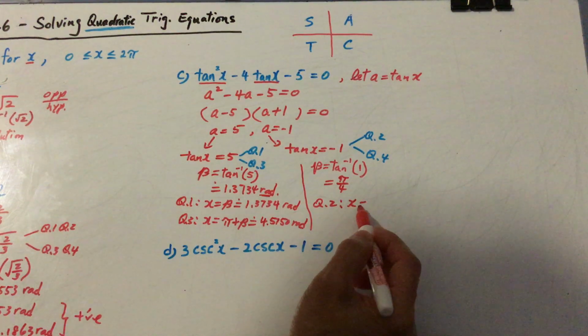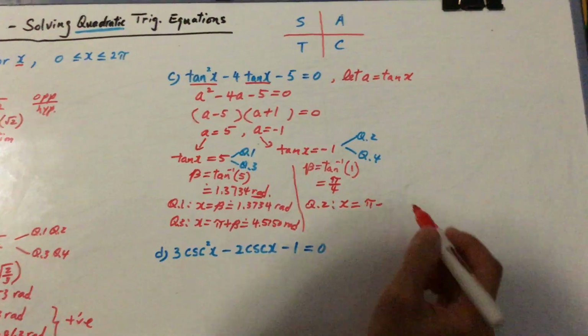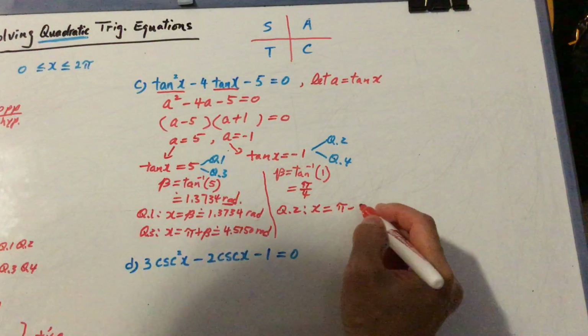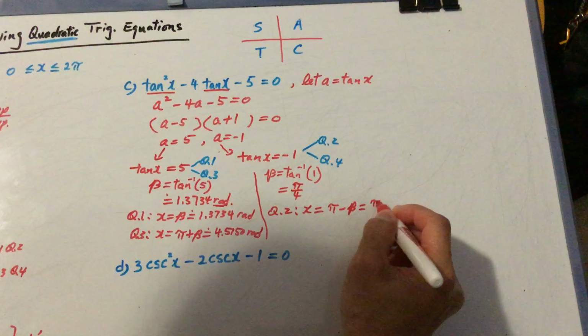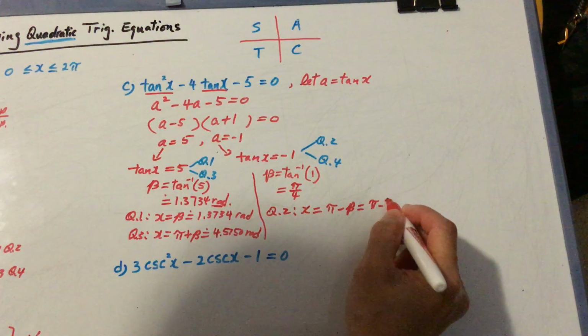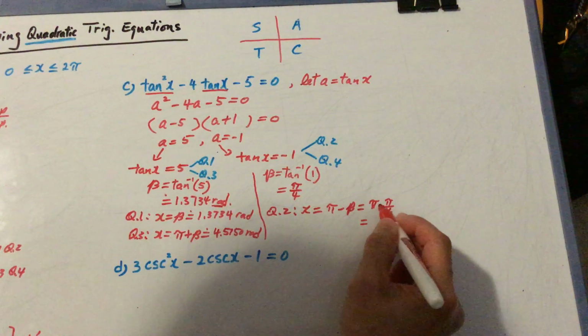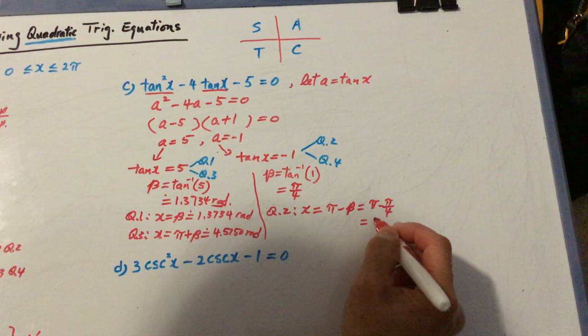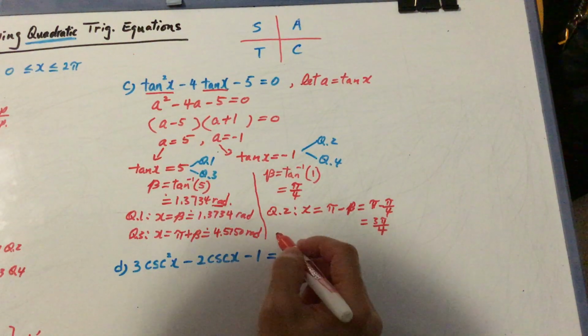X is equal to pi minus beta, the related acute angle. So you have pi minus pi over 4. That will give you 4 pi minus pi, so it's 3 pi over 4, in quadrant 2.